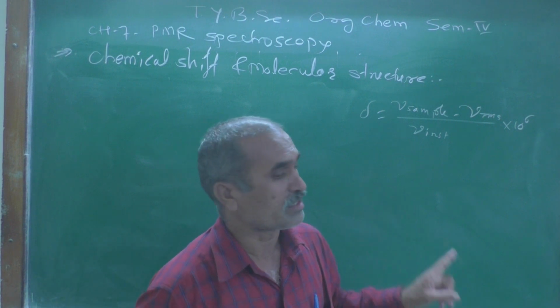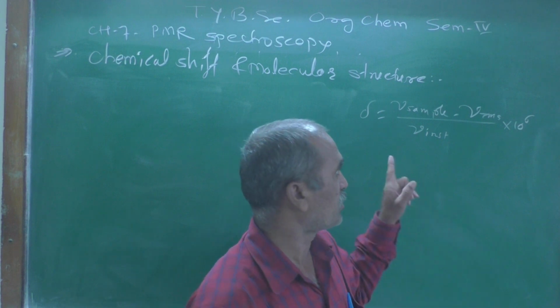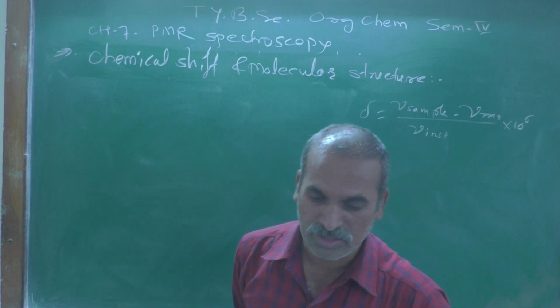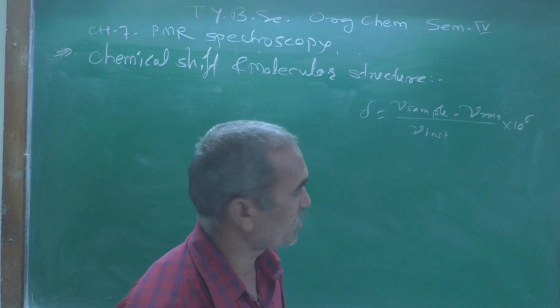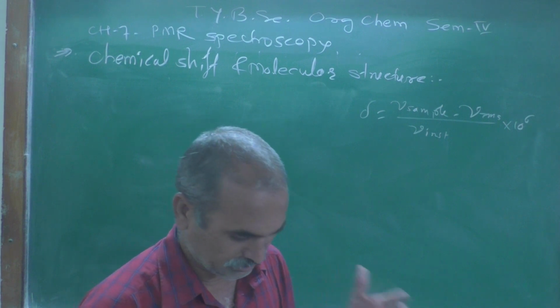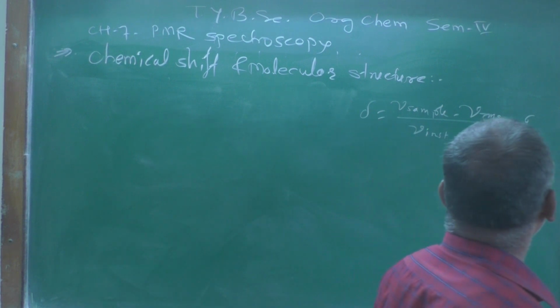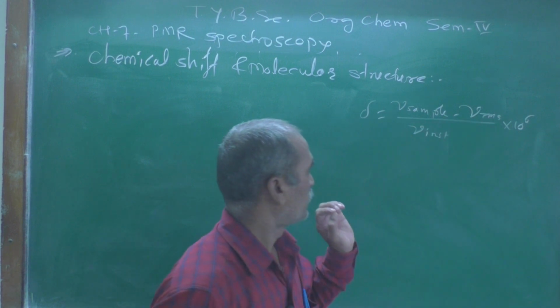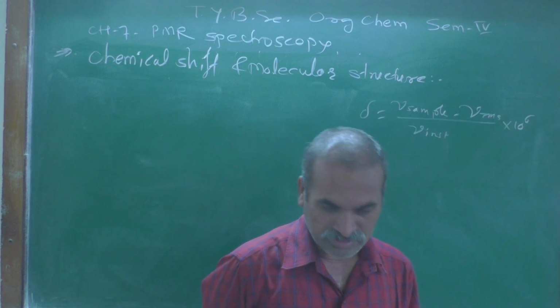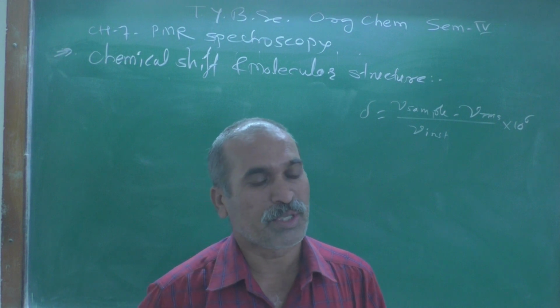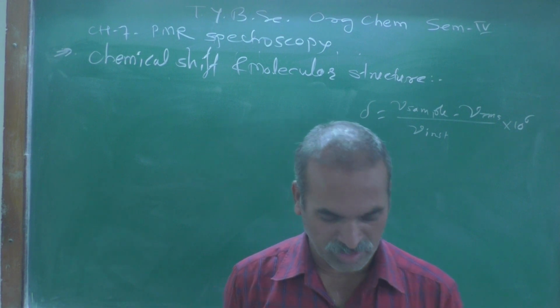That is why this equation is multiplied by 10 raised to 6, to avoid the negative part. And second, delta is measured in ppm, parts per million.